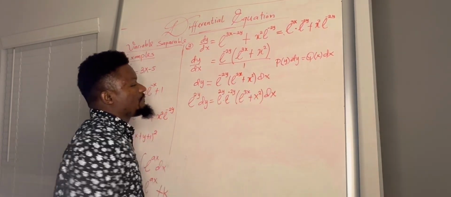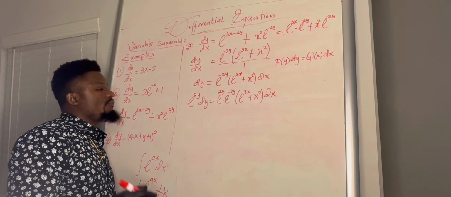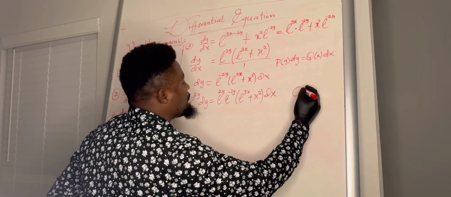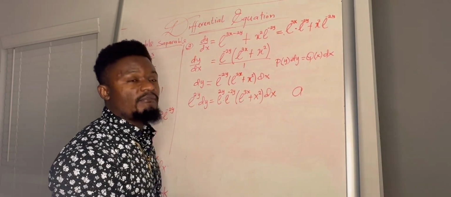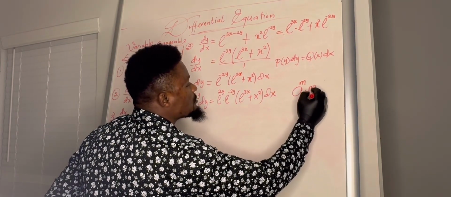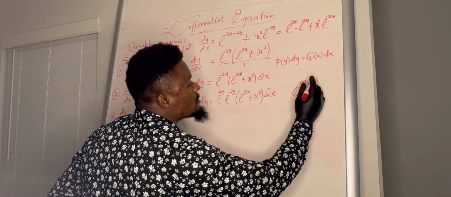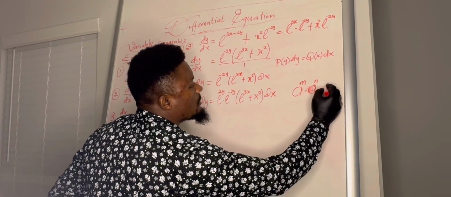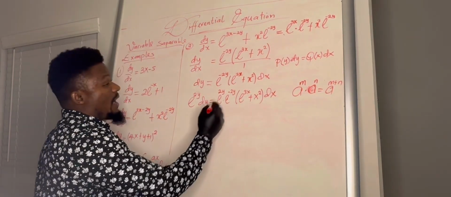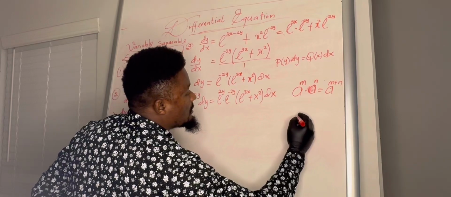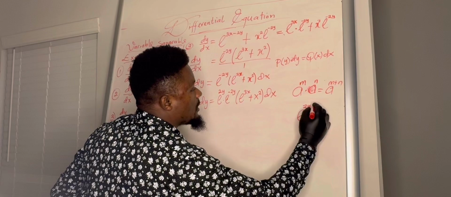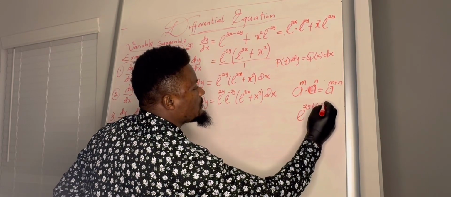Now, remember, 8th grade, Form 3, we know that from indices or from the rule of exponents, a raised to the power m times a raised to the power n equal to a raised to the power m plus n. So I can literally add expo of 2y plus negative 2y.